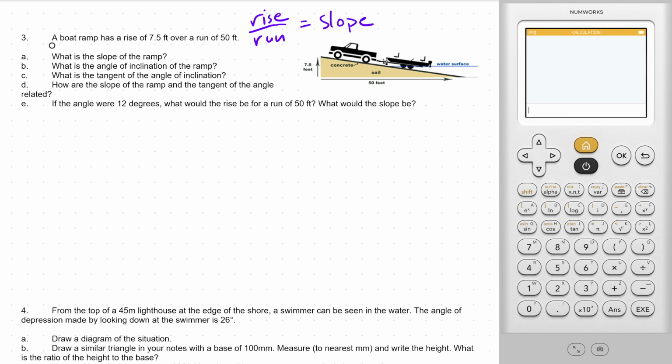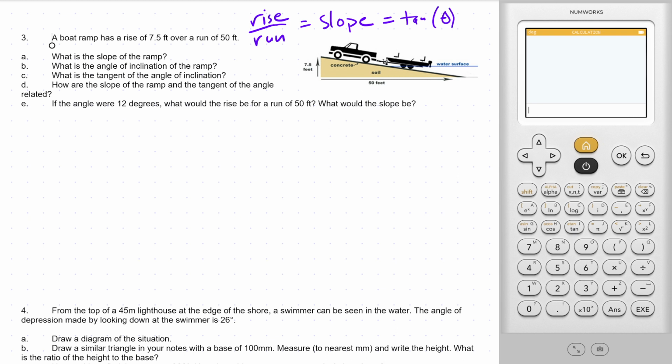So we think of rise over run as being slope. Well, the slope is also the tangent of some angle, right? So the tangent of some angle is the slope of that angle.